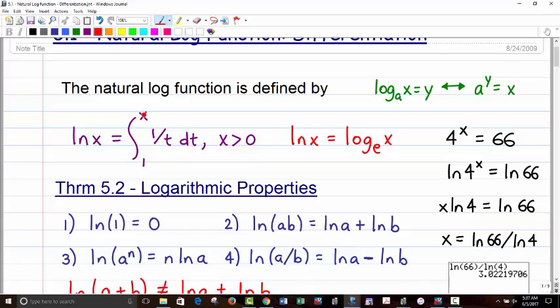If it was something like x squared, you'd have to put the x squared in there and also multiply by the derivative of x squared. But since the derivative of x is 1, you don't have to do anything. So literally, using the second fundamental theorem of calculus, the derivative of this integral would be 1 over x. So if ln of x is defined as this integral, its derivative would be 1 over x.